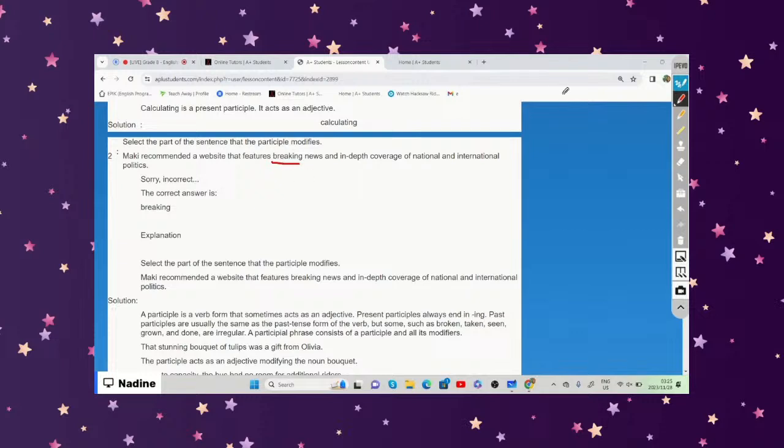So breaking news. And this, of course, acts as an adjective, modifying the noun, which is news. So what type of news? Breaking news. Marky recommended a website that features breaking news and in-depth coverage of national and international politics.